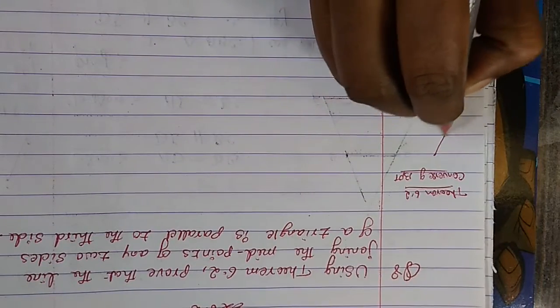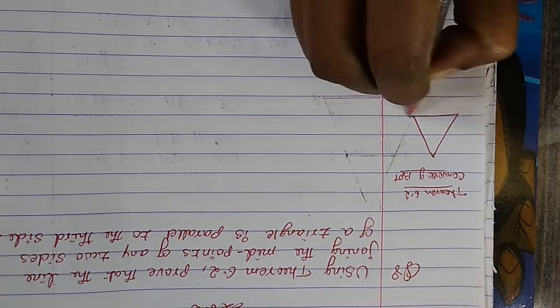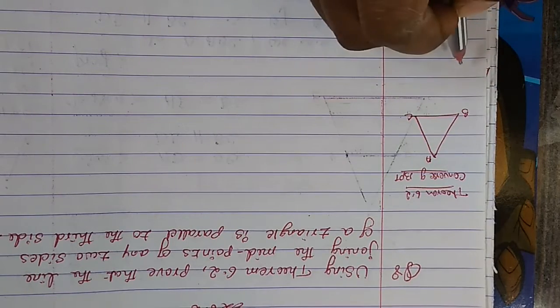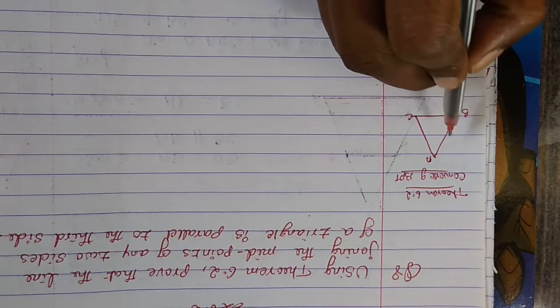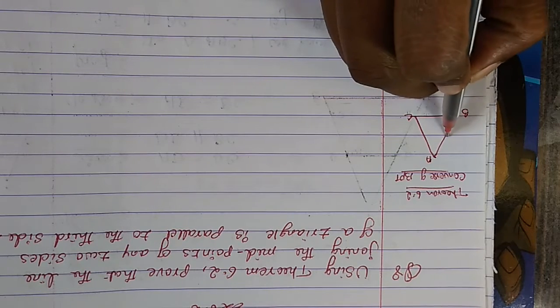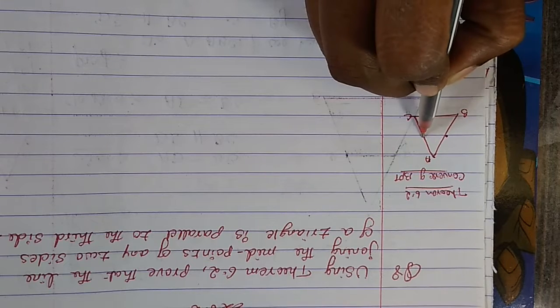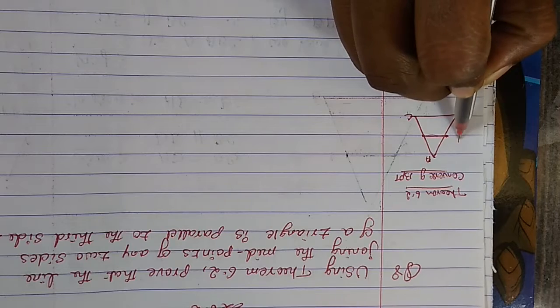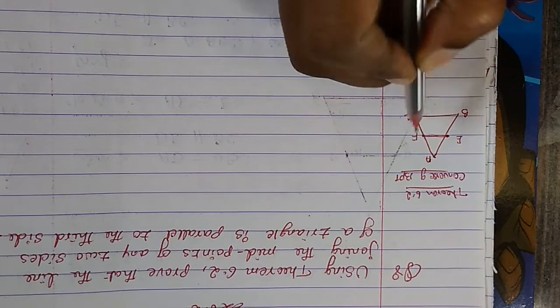It says that if you have a triangle ABC, and you take one point here and another point here, and then draw a line, we name them E and F.